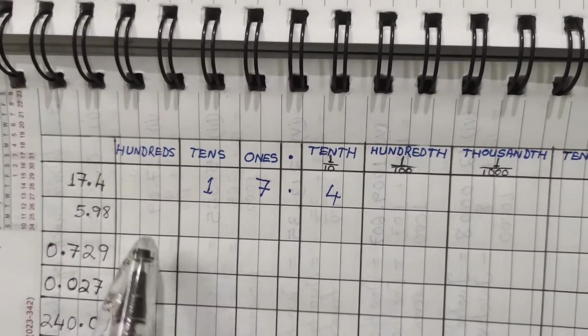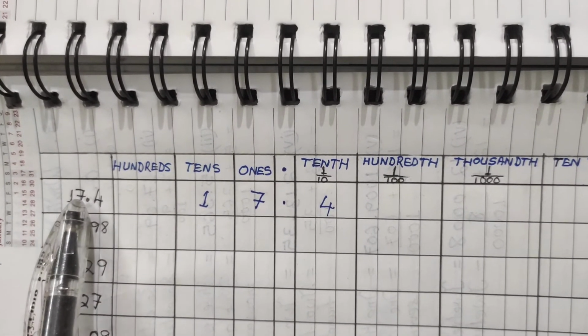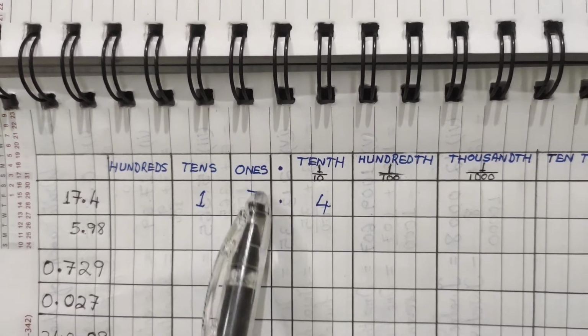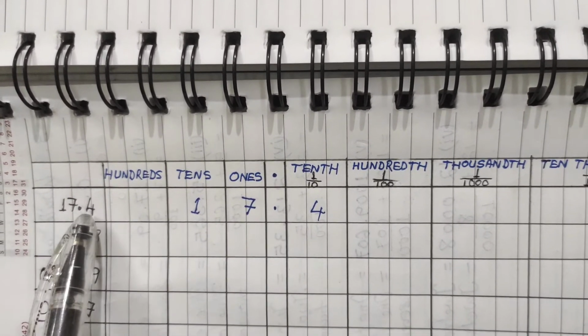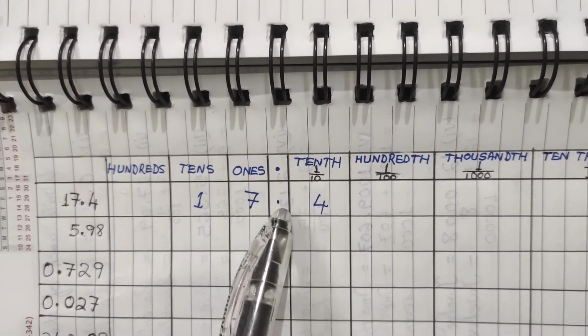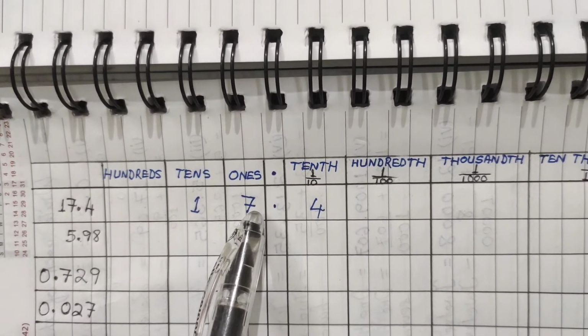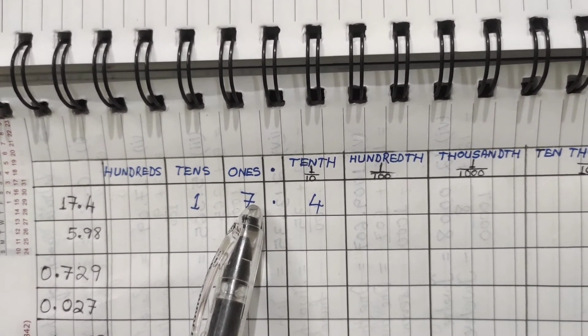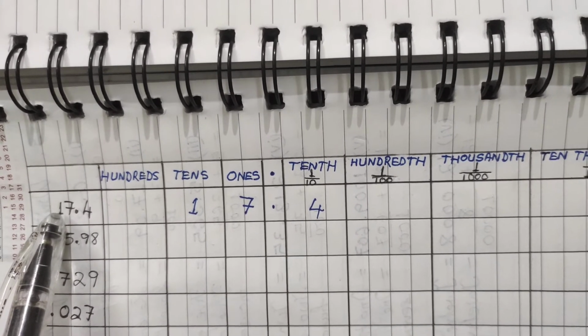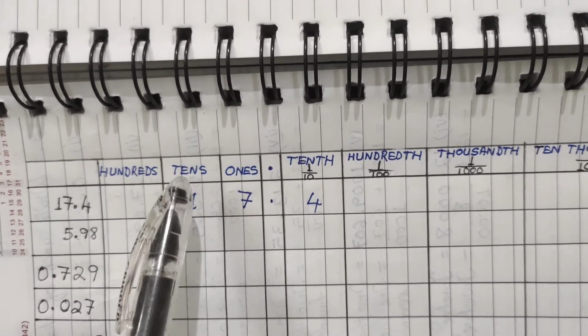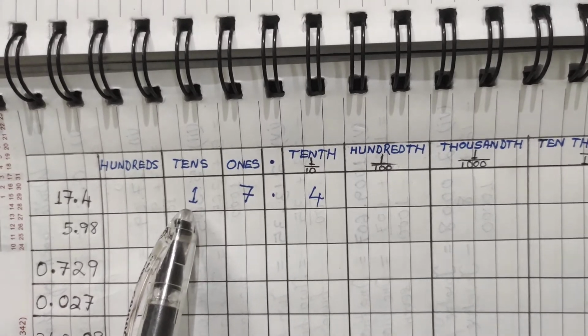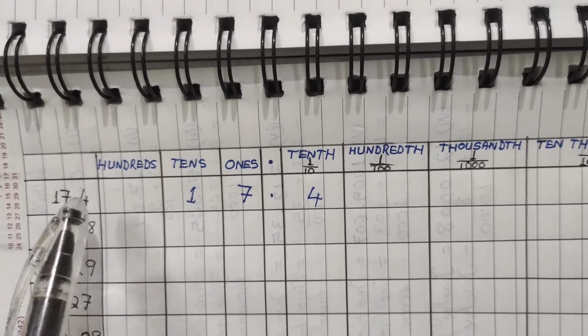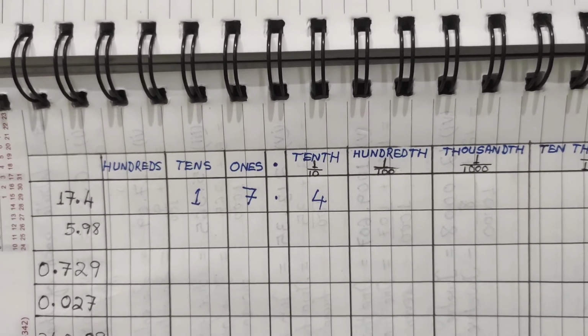As I said, 7 belongs to ones house. First of all, you have to write the point. The first digit towards the left side of the point is in the ones house, that is 7, followed by 1 in the tens house. The 4 goes in the tenth house. So in the decimal value chart, 17.4 is written this way.